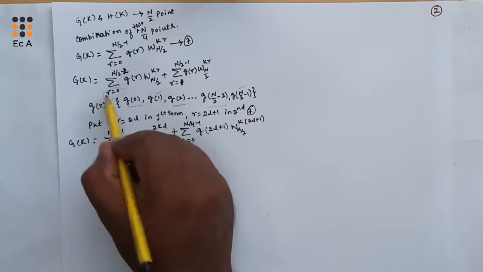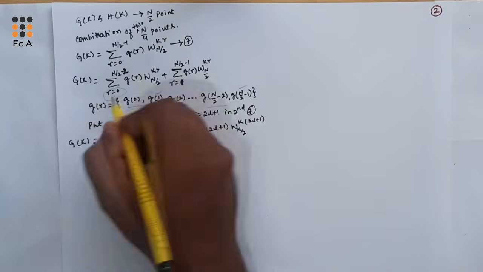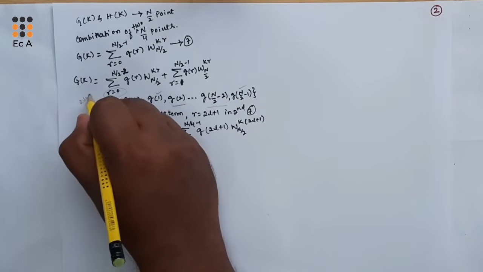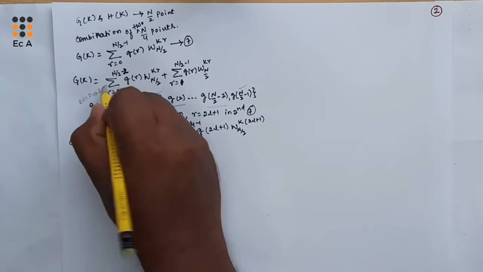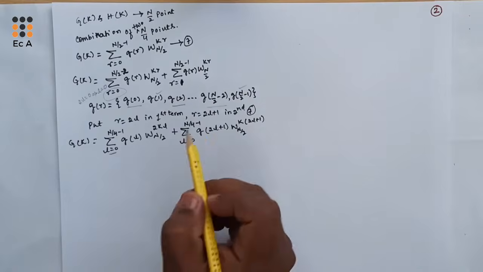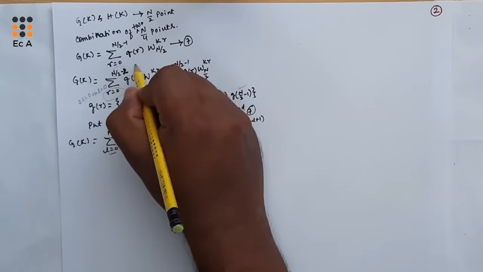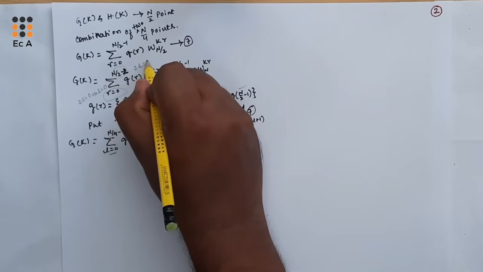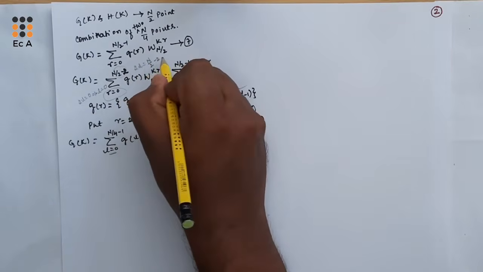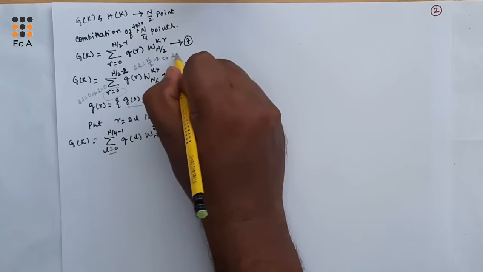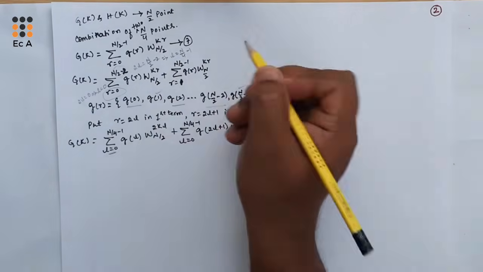So the lower summation, if you put r is equal to 2l, so it will be 2l is equal to 0, so it will be l is equal to 0. So that is why we have written l is equal to 0 here, and at the upper summation it will be 2l is equal to n by 2 minus 2. From this we can write l is equal to n by 4 minus 1.